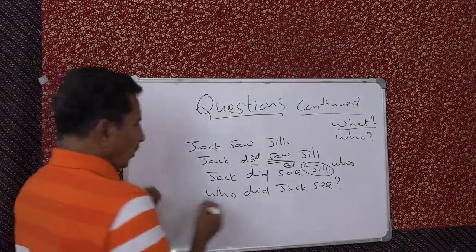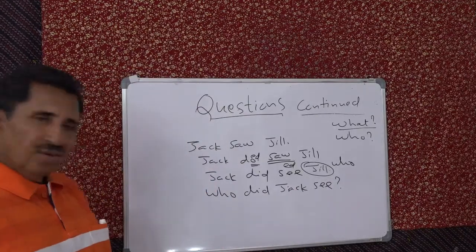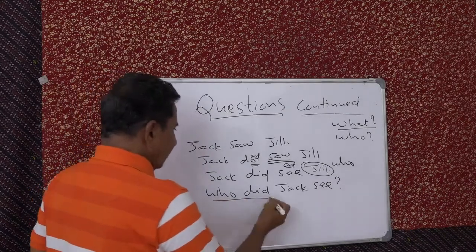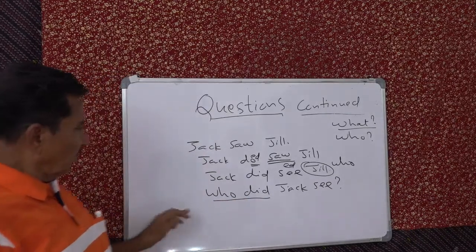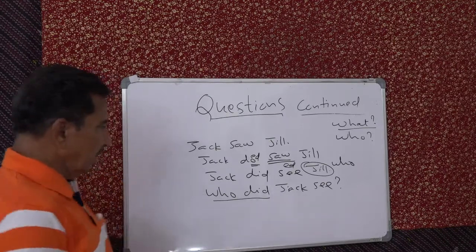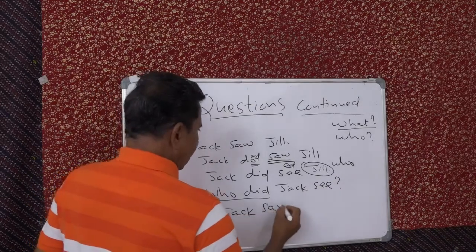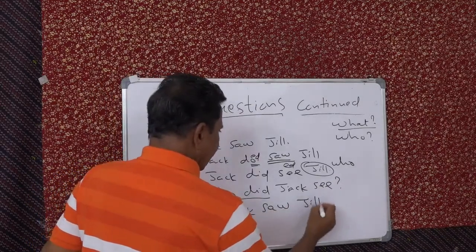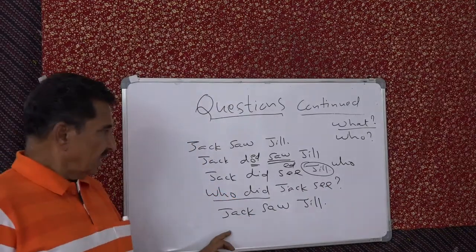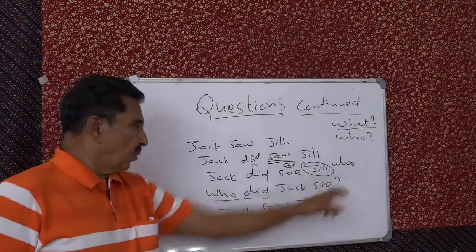Then who did Jack see? Do you see that? So here the subject verb inversion is already made. Who? This stands for a person. So who did Jack see? Then the answer will be Jack saw Jill. Listen, who did Jack see? Did Jack see who?